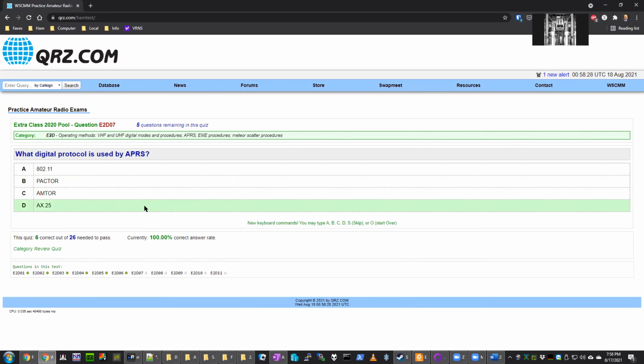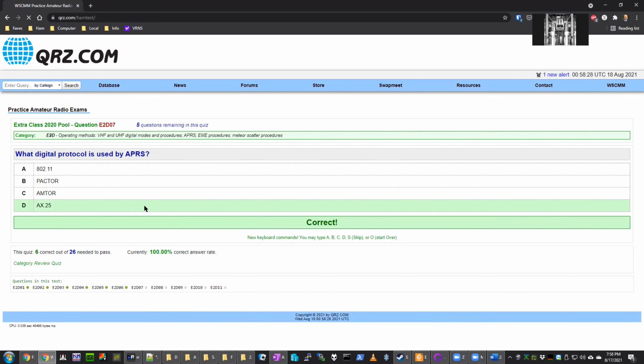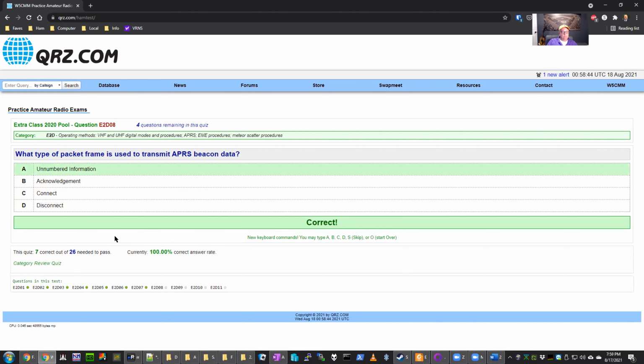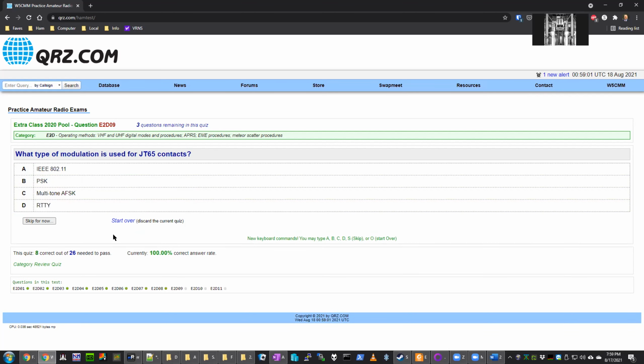That's going to be AX25. What type of packet frame is used to transmit APRS beacon data? A, Alpha. That's correct. Unnumbered information.